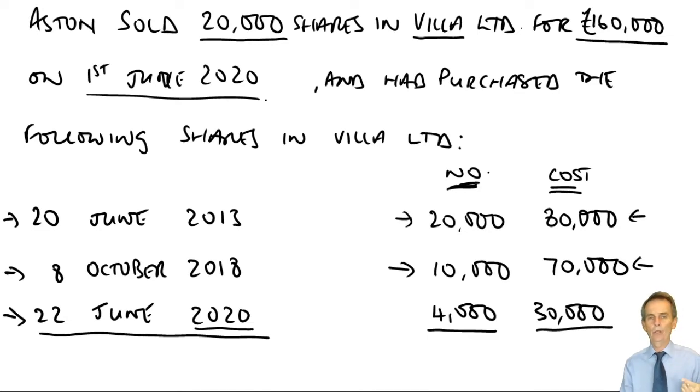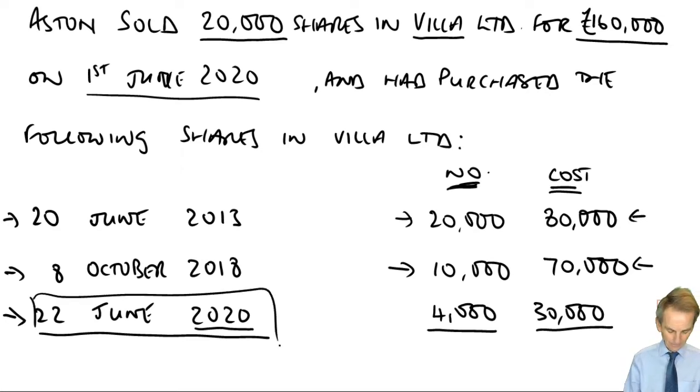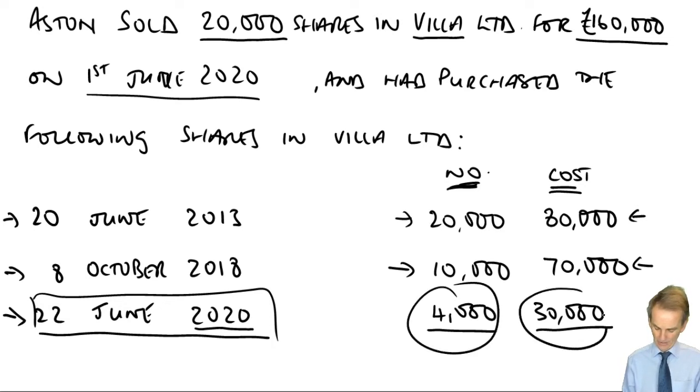Second, in the order of our matching rules, our share identification rules, shares acquired in the following 30 days. And there we go, the 22nd of June 2020. So yes, within the following 30 days. How many shares were then bought? 4,000 shares at a cost of £30,000.